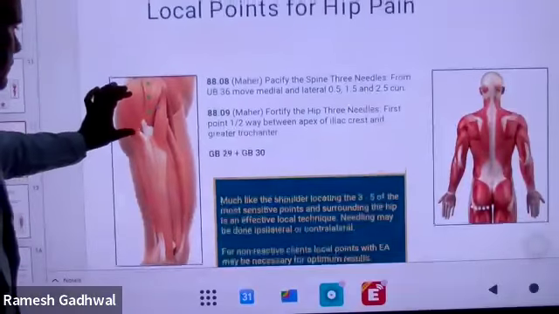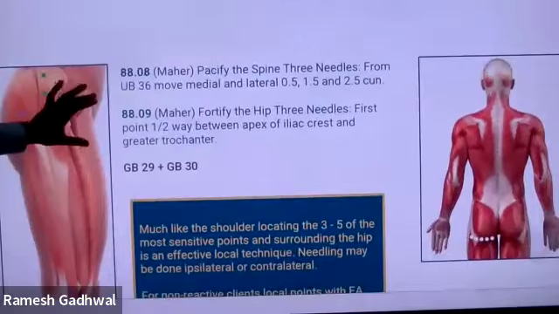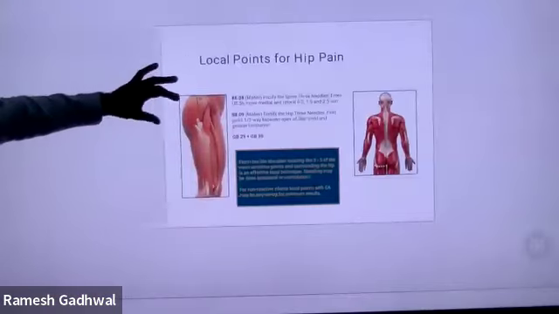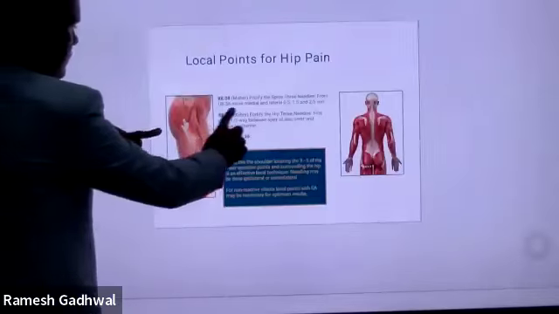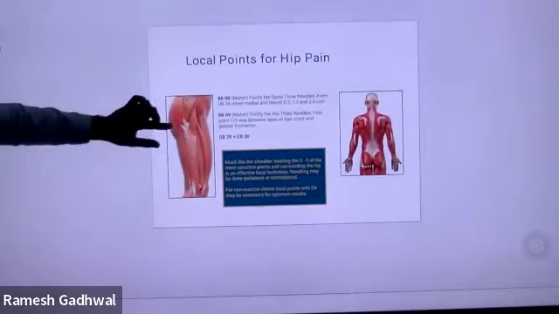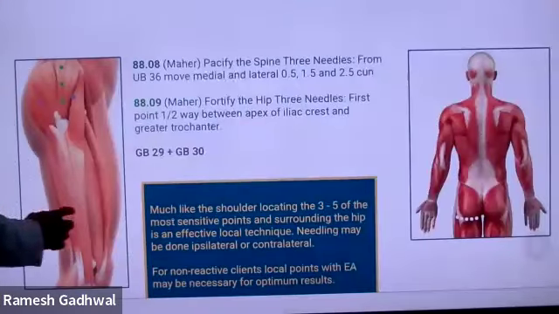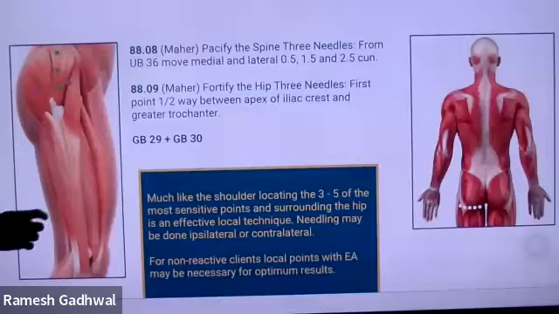So, if you see in this picture, this is the one, greater trochanter. It is visible to you or no? Okay.